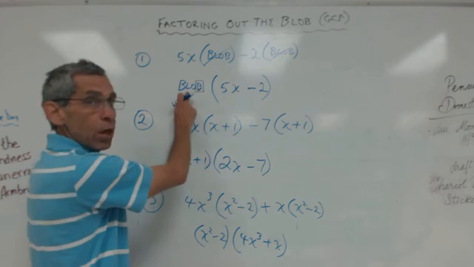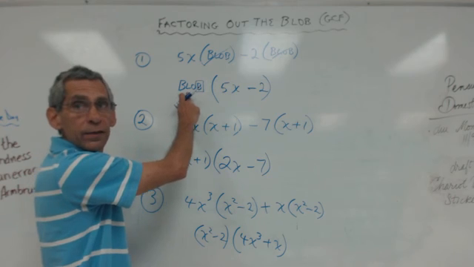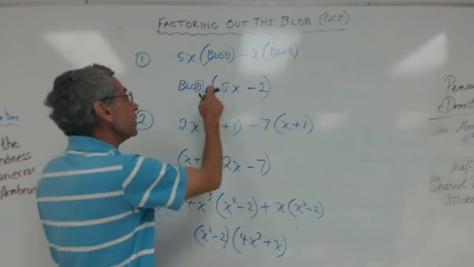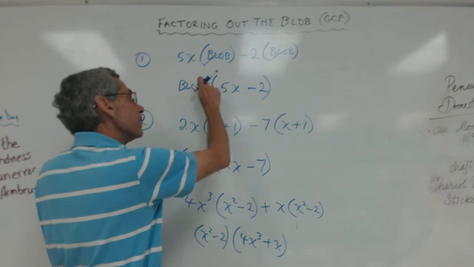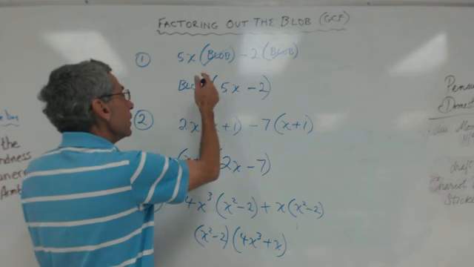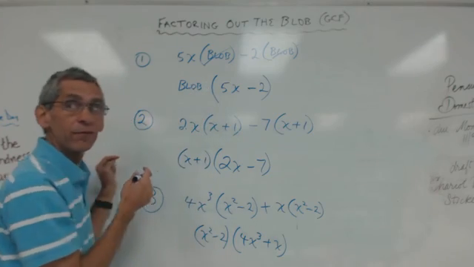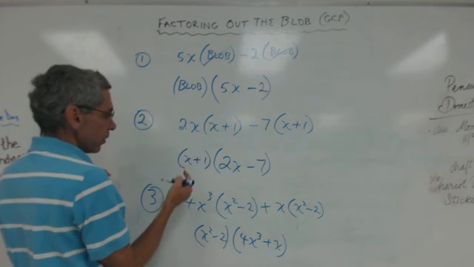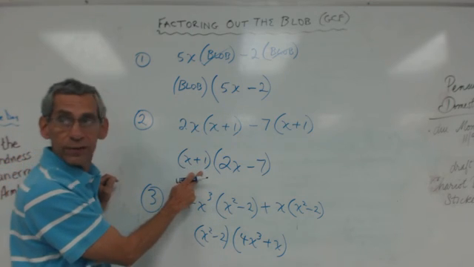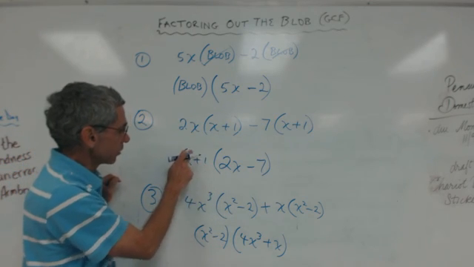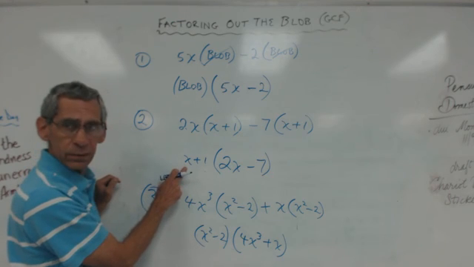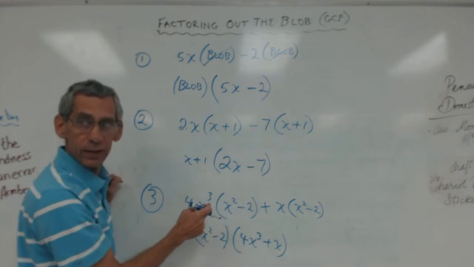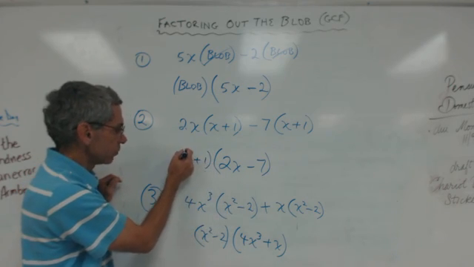So that means I'm not factoring out the entire blob from everything. Does that make sense? You've got to have those parentheses. Very important. If I took the parentheses off this, that would be a totally different problem. It'd just be x plus 1 times this. You see what I'm saying? That parenthesis is really important.